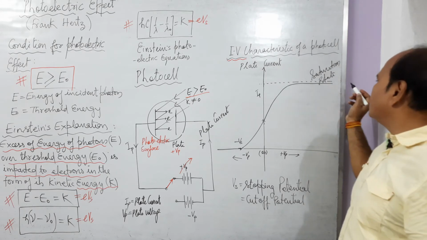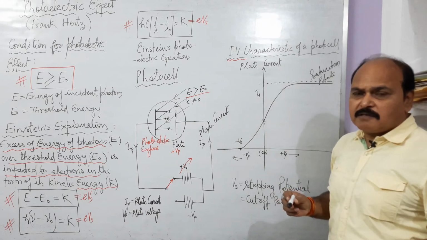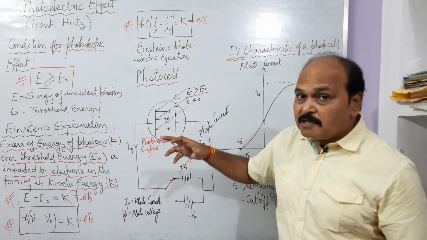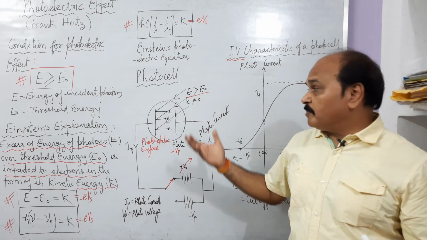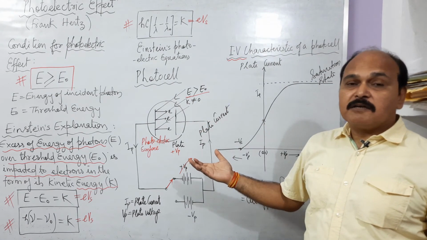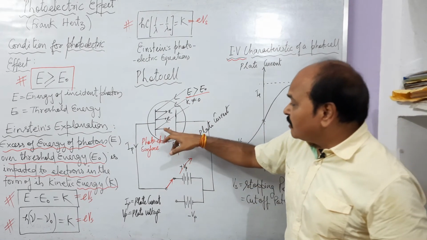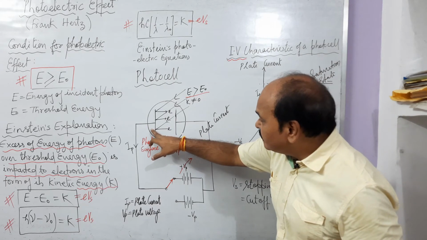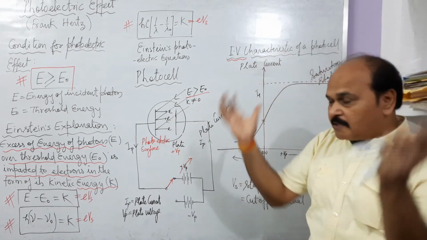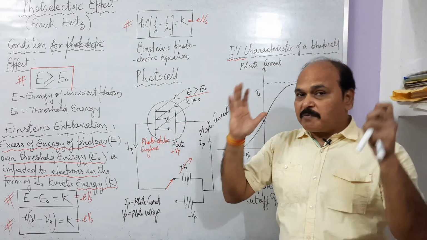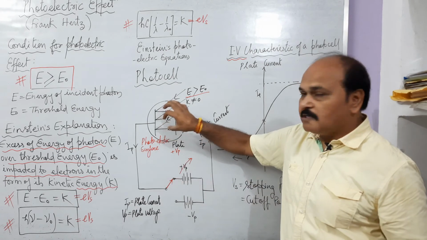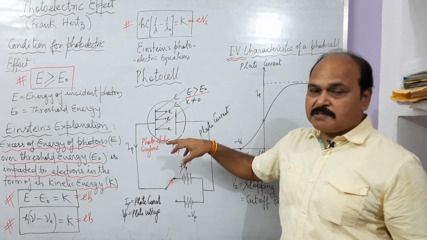So why is it that the current stops increasing? Well children, as we increase the positive potential of the plate, current increases, but beyond a certain value the current stops increasing. It is simply because as the electrons move from the photoelectric surface to the plate, some of the electrons get accumulated in between the two plates in the form of space charge. They do not move, they remain stationary in the space between the two plates.